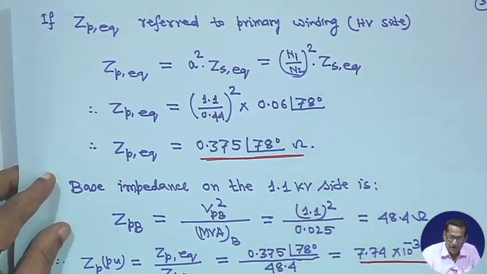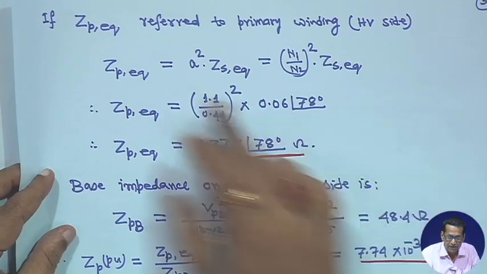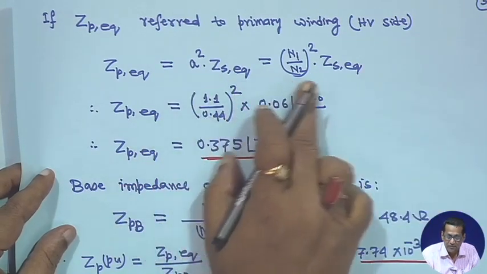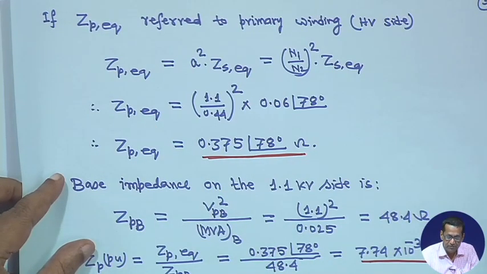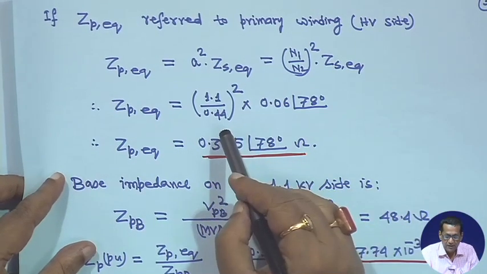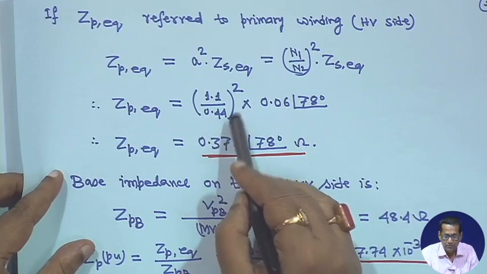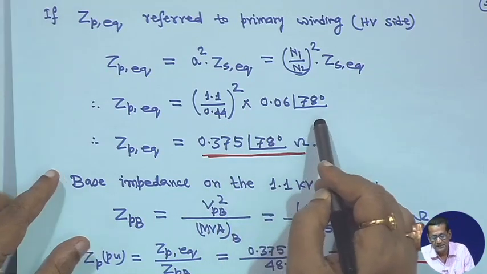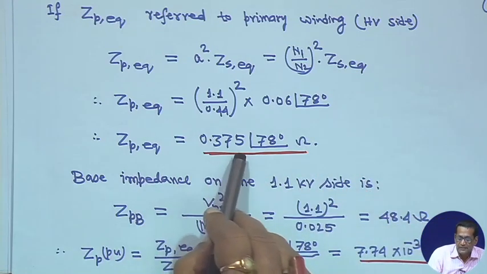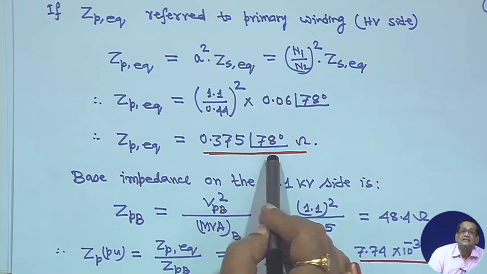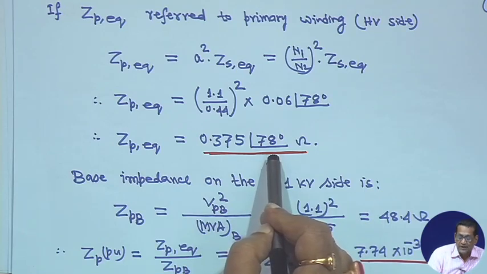So ZP EQ is equal to 1.1 divided by 0.44 whole square into 0.06 angle 78 degree. So, ZP equivalent is equal to 0.375 angle 78 degree ohm.